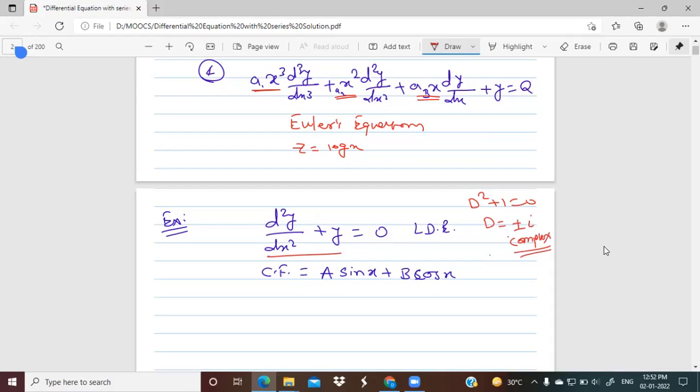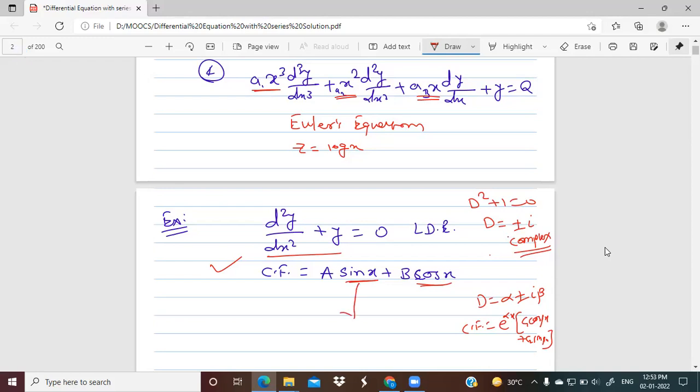If the roots are complex, say alpha plus or minus i beta, then our solution is e raised to alpha x into c1 cos beta x plus c2 sin beta x. In this way we get the solution in sine and cosine.